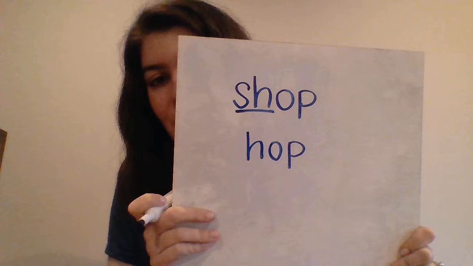Now, let's pretend we wanted to turn the word shop into the word hop. I only have to change my beginning sound, my sh. So I'm going to change my sh into just an H. Now I have the word hop. So remember, I only changed the beginning sound. The O and the P stayed the same because those were the same sounds in those words.